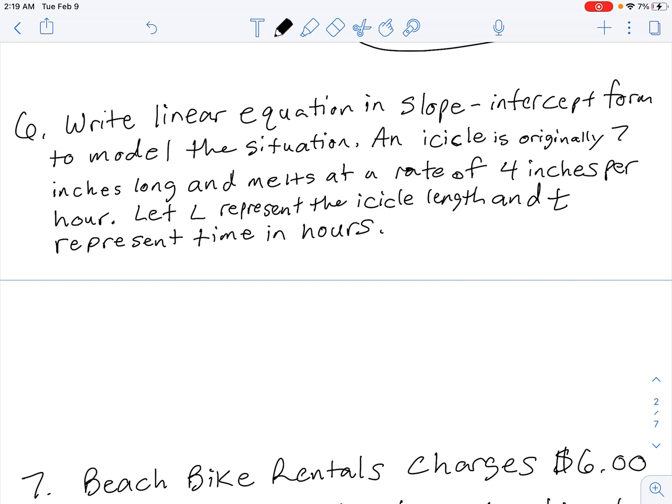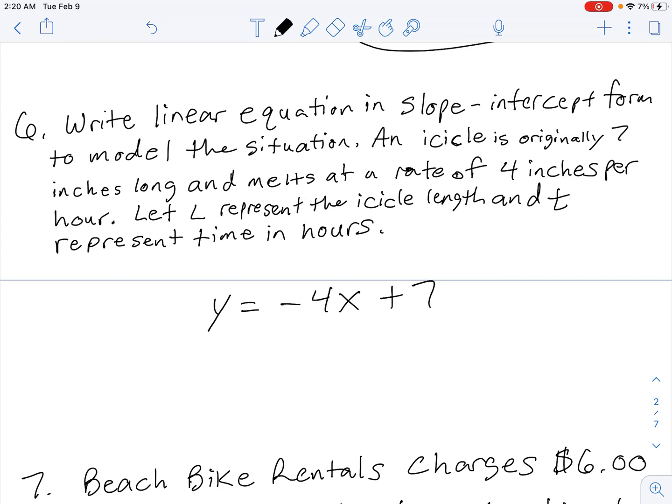It says, write the linear equation in slope-intercept form to model the situation. An icicle is originally 7 inches long and melts at a rate of 4 inches per hour. So obviously, y equals negative 4x, okay? And then it also says it was originally 7 inches long, so plus 7.